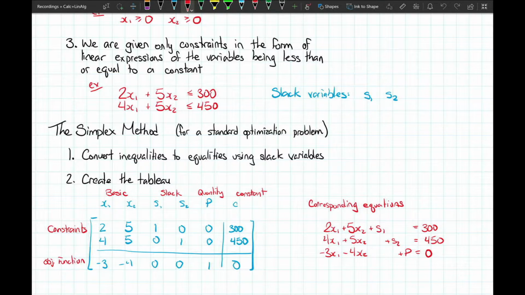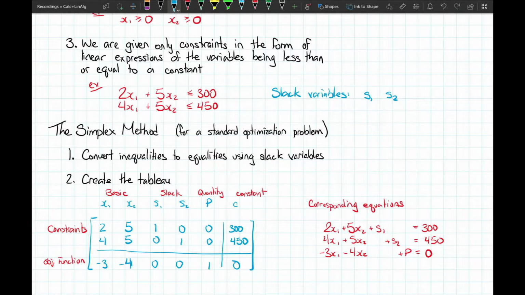So now that we've got the first tableau, now we have to come up with a strategy for figuring out the optimal solution. Well, in this case, we want to maximize P. And remember that P is 3x1 plus 4x2. And if it were me, I'd really want to increase x2 by the most because it's going to provide more to the profit P. So this is our next step in the simplex method.